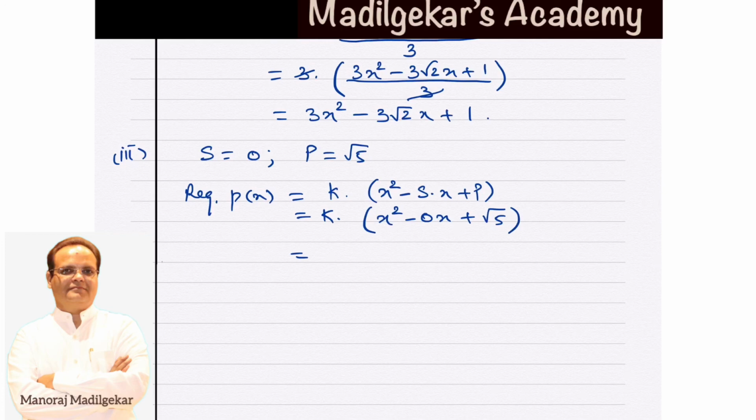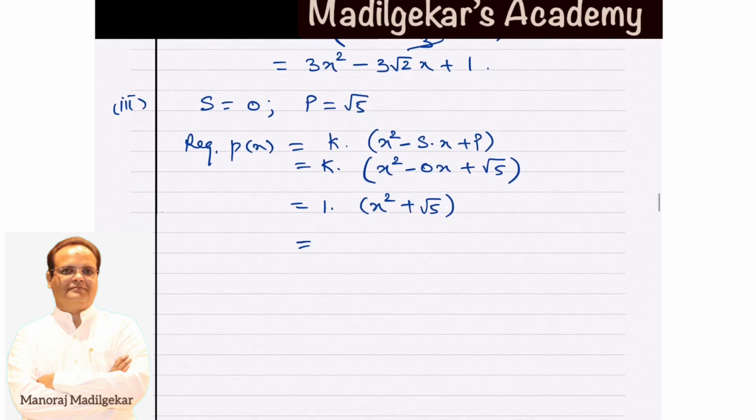To choose a suitable value of k, let us consider it as 1. So it is x square plus root 5. So required polynomial P of x is x square plus root 5. So in this way, you can solve the remaining examples of this question number 2. So this completes exercise 2.2.